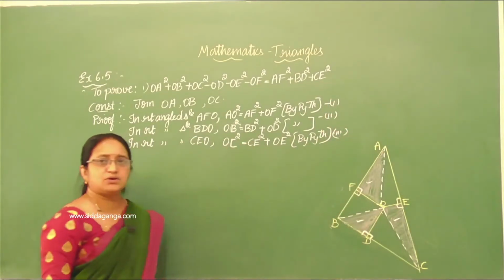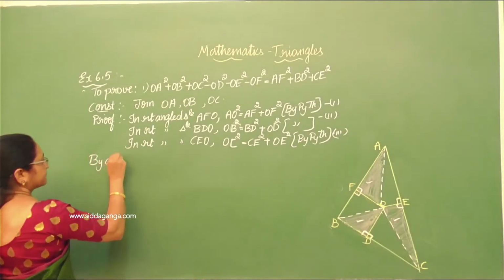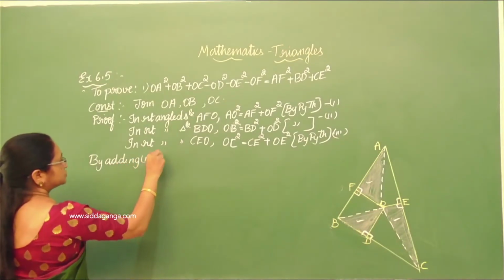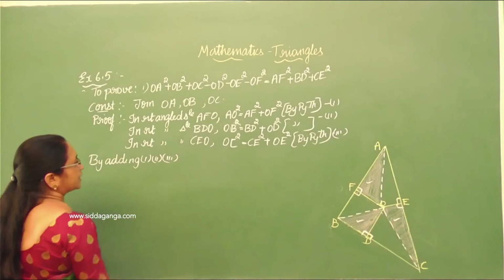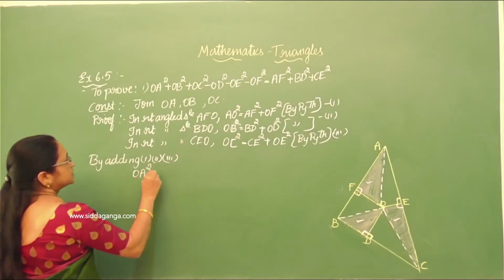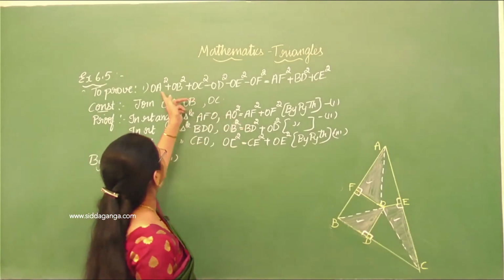Now this is 1, 2 and 3. By adding 1, 2, 3, what we will get? Just write OA square. I have just changed AO square to OA square because here I need this.